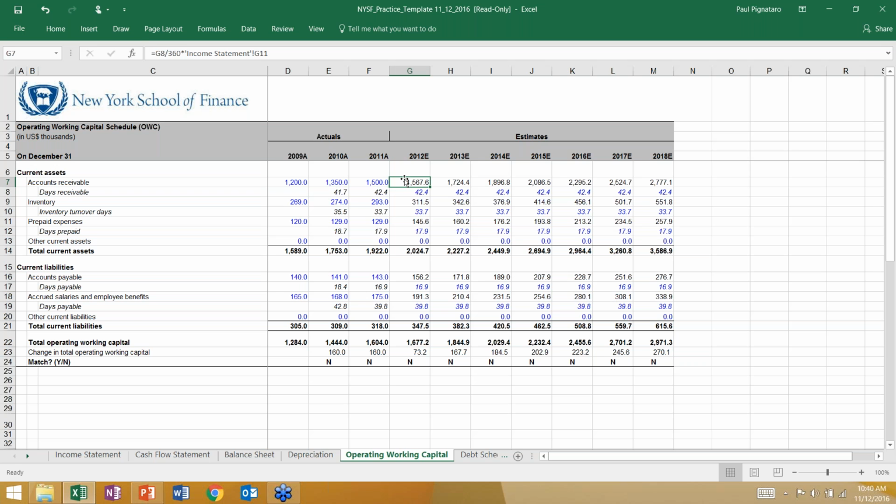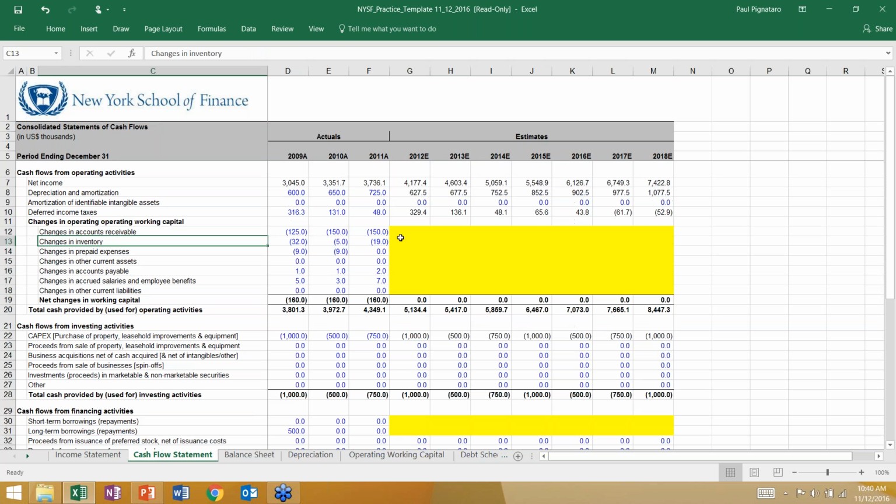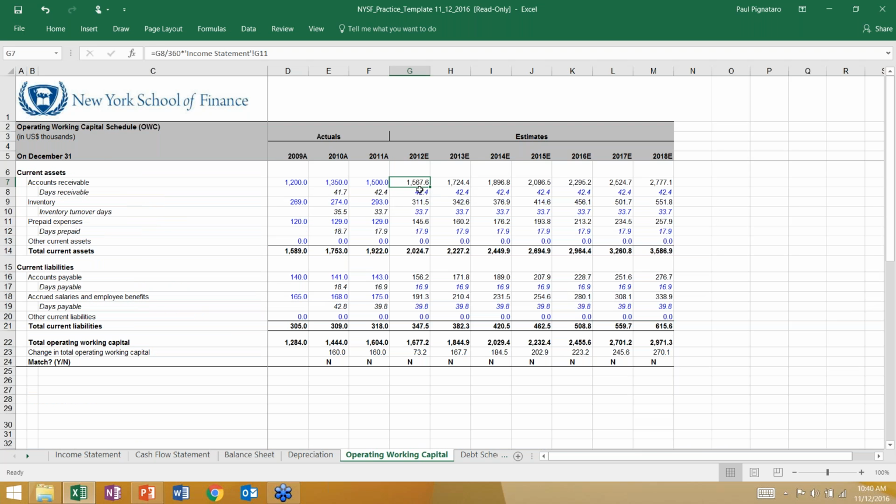So when transferring this into the cash flow statement, you need to consider the cash flows. If AR is going up, I want to represent this as a cash outflow. So when I move this into the cash flow statement, I don't want to show this as the difference between 2012 and 2011, but the negative of the difference, because if it's going up, I want to show cash going out.